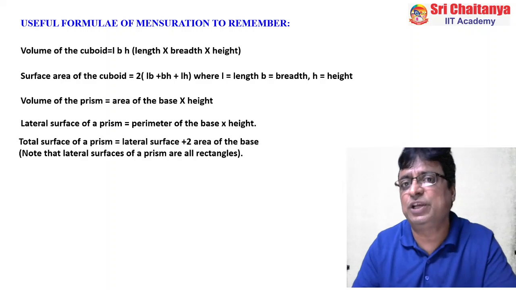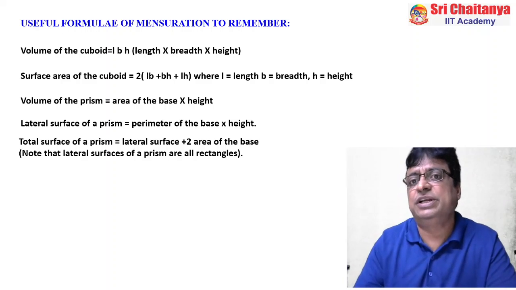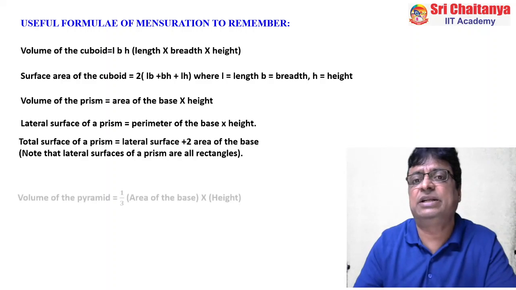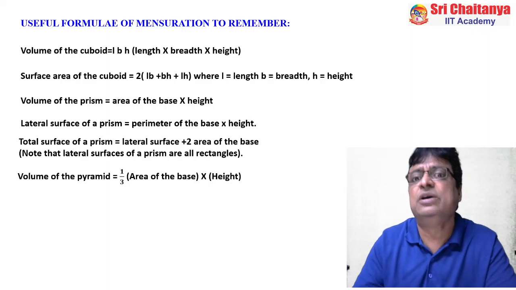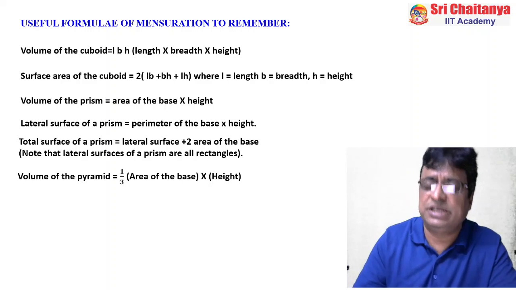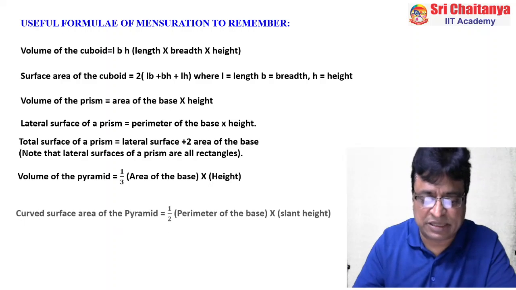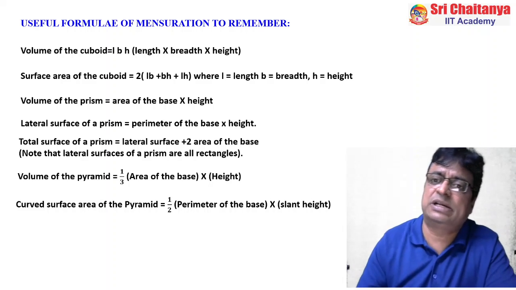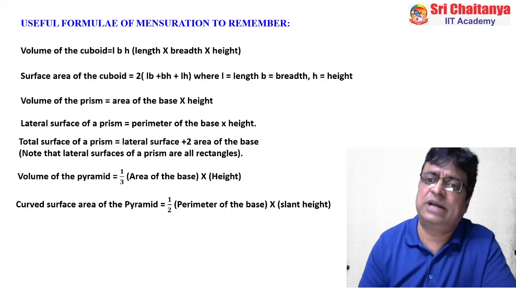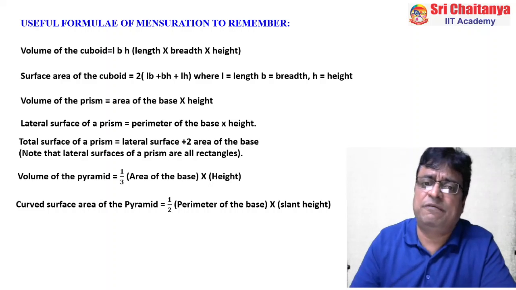What is the volume of the cuboid? That is LBH, length into breadth into height. Surface area of the cuboid: 2 into (LB plus BH plus LH). Volume of the prism is the area of the base into height. Lateral surface area of the prism is the perimeter of the base into height. Total surface area of the prism is the lateral surface area plus 2 into the area of the base.